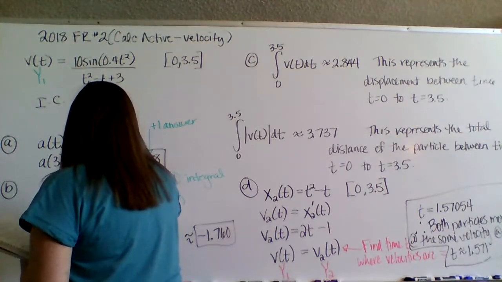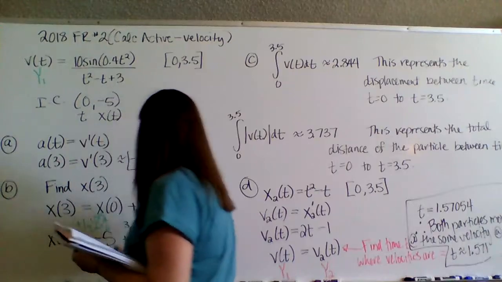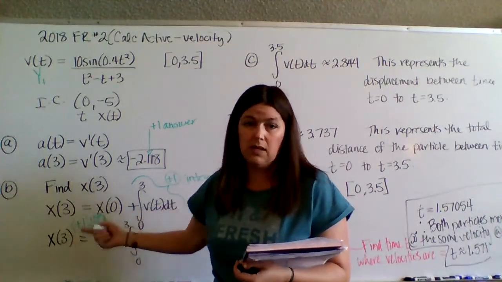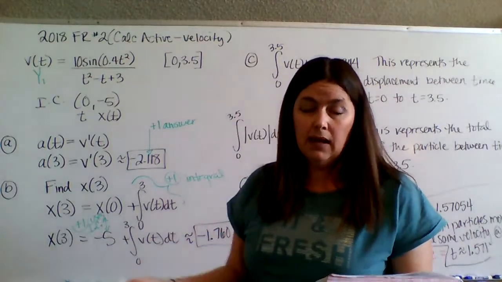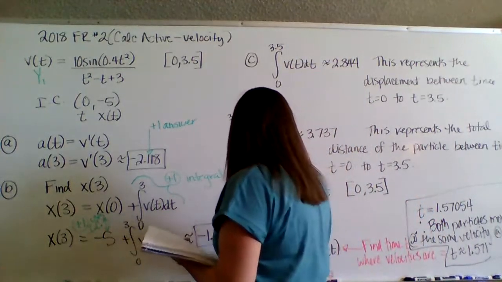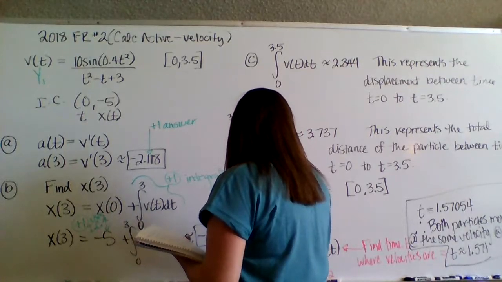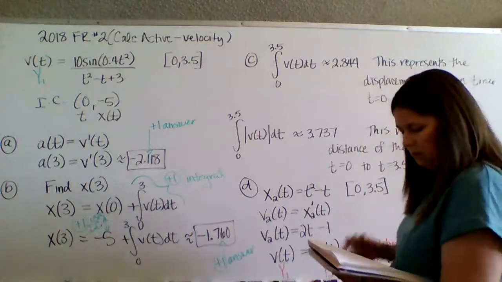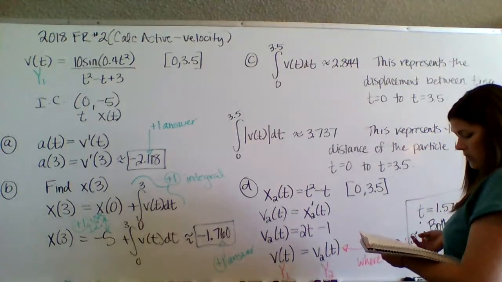So you got a point if you used your initial condition. So this is okay, x of 0, this is okay, -5. They mean the same thing. You would have had to add that in eventually with your math 9, and then your last point is your answer, which was the -1.760.